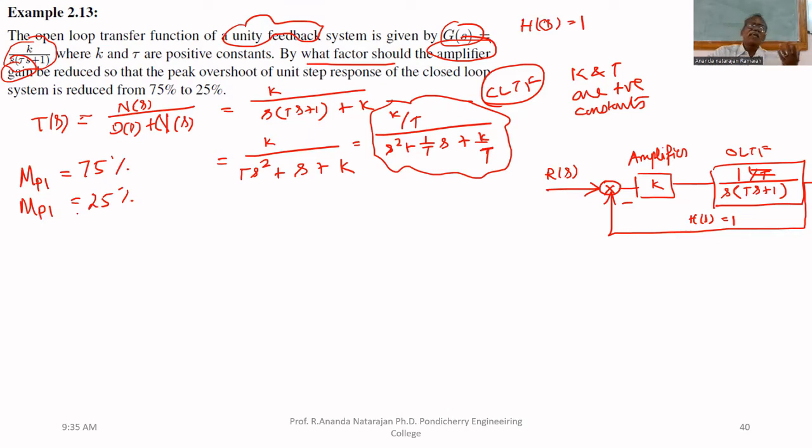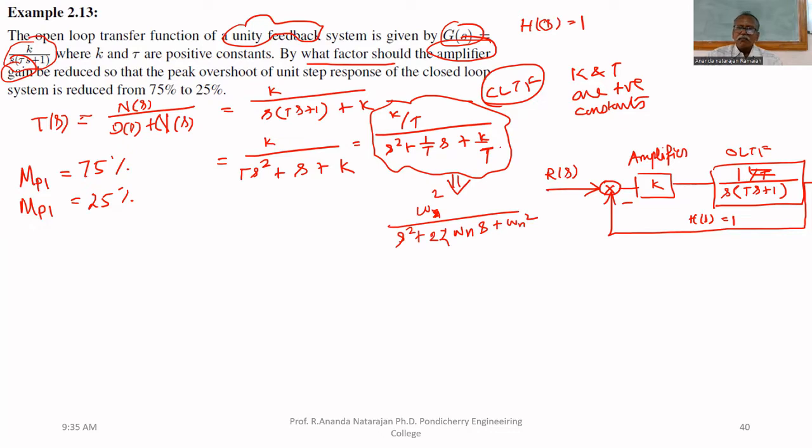What is the relation between k and overshoot? If you take the transfer function, you compare this with the standard form, omega n square upon s square plus 2 zeta omega n s plus omega n square.